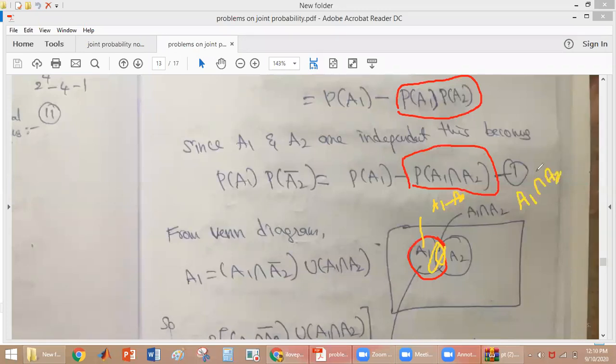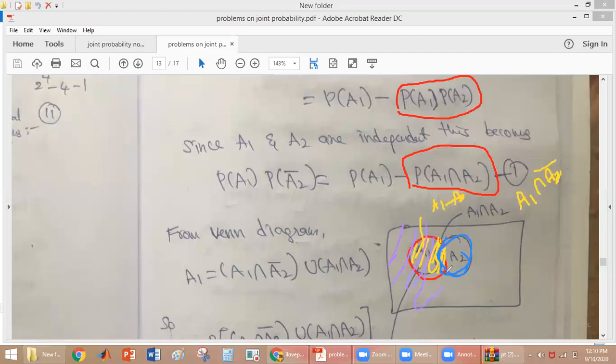Yes or no? What is A1? This is your A1. What is A2 complement? Other than A2, this portion is also not there. Other than A2, whatever portion we have, that is your A2 complement.